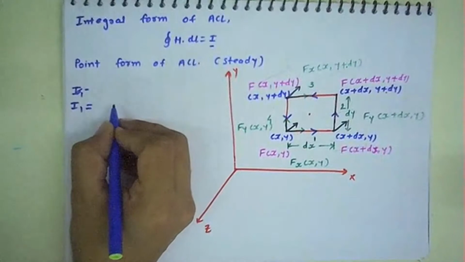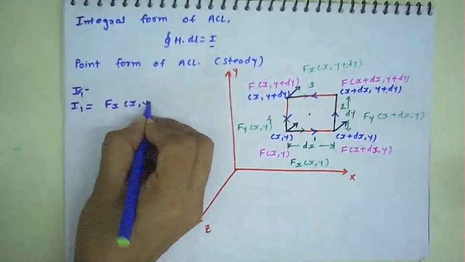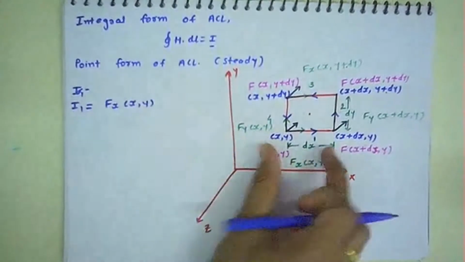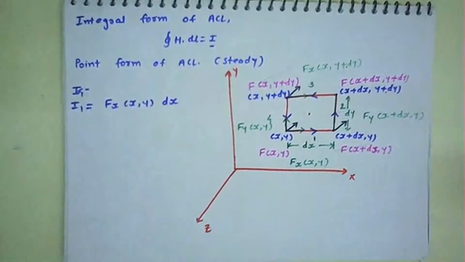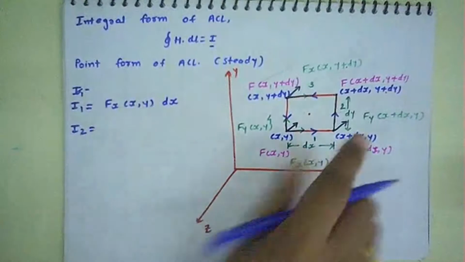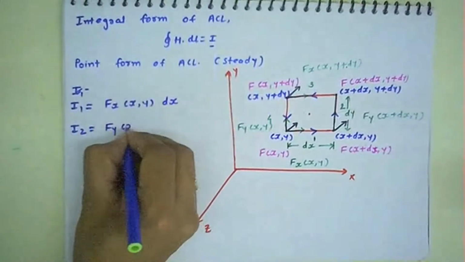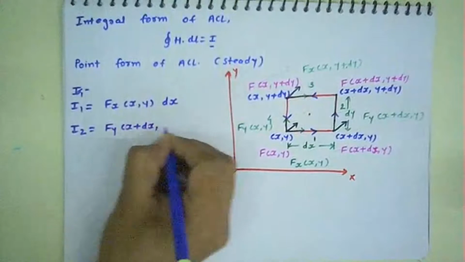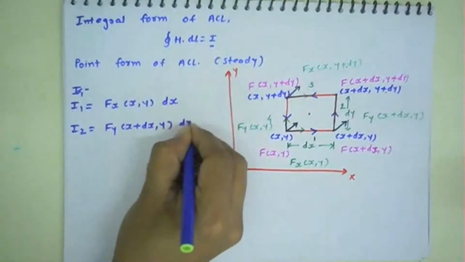In I1 my component is fx of x, y, and the length is dx. Same way for segment 2, fy of x plus dx, y, and the length is dy.